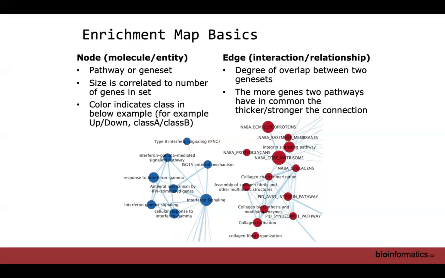Now, it's important to note that areas that are highly connected in the network don't necessarily represent a region of the network that is more important, but it specifically represents a region in space that is very well annotated. There are certain processes and pathways in the pathway databases that have been studied for years and years in multiple different species and are very well represented. And then there are other pathways that only have minimal research or information about them.